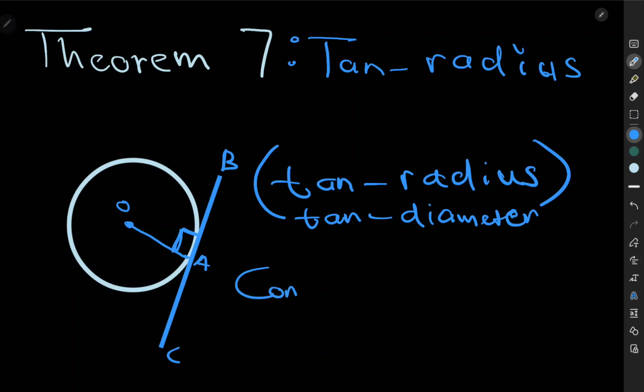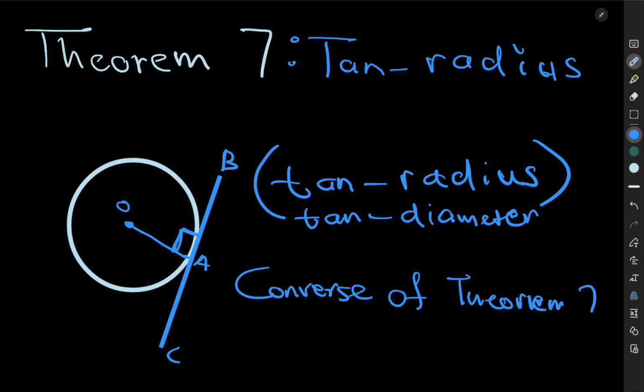And the converse of theorem 7 says that if a line is drawn perpendicular to the radius through the point where the radius meets the circle, then this line is a tangent to the circle.